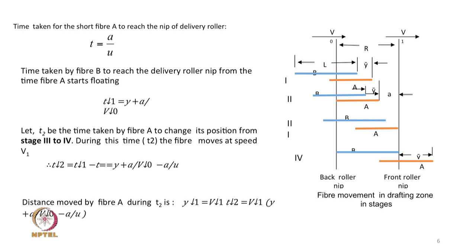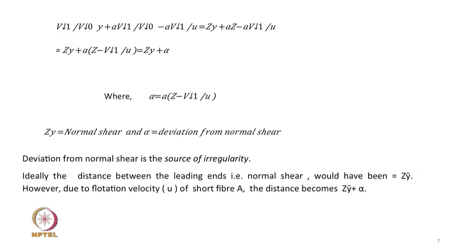So, you see how far it will move during the duration t 2, and if you simplify this, we get v 1 by v 0 y bar plus a into v 1 by v 0. You can all do it. And what is v 1 by v 0? That is the draft. So, we replace v 1 by v 0 by z, where z indicates the draft.